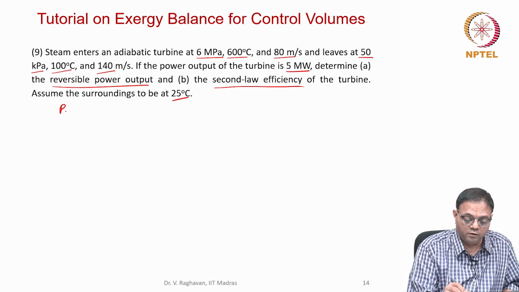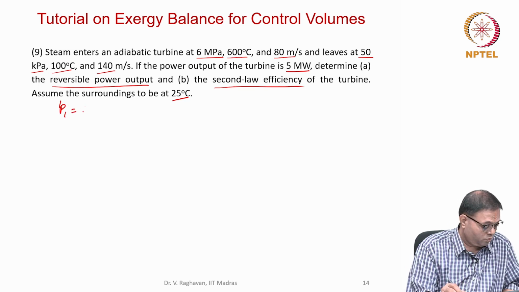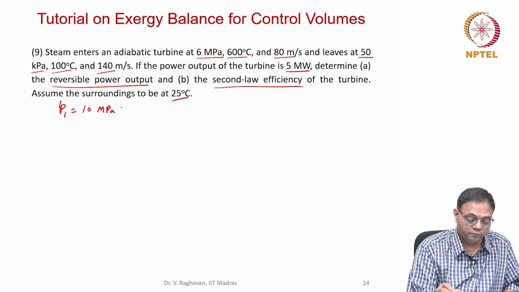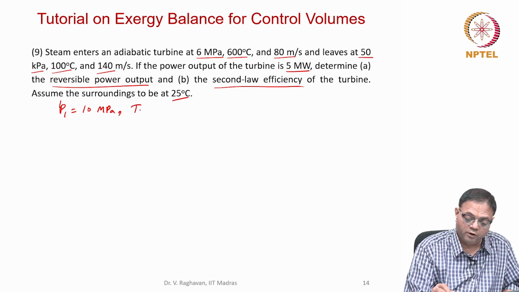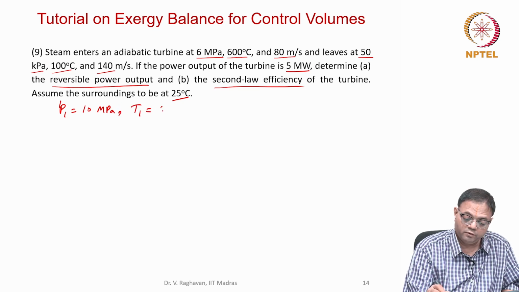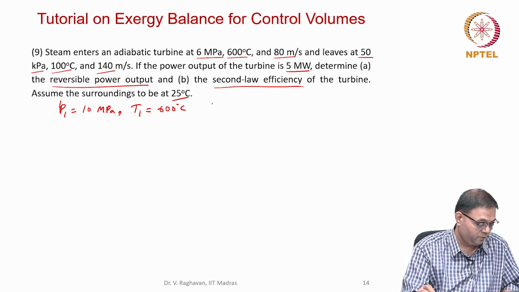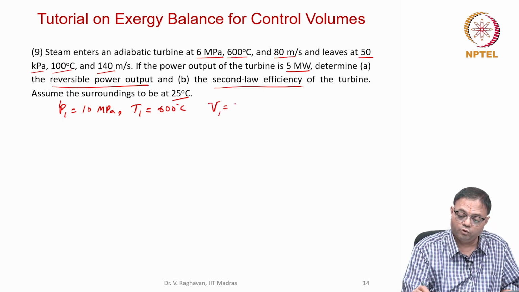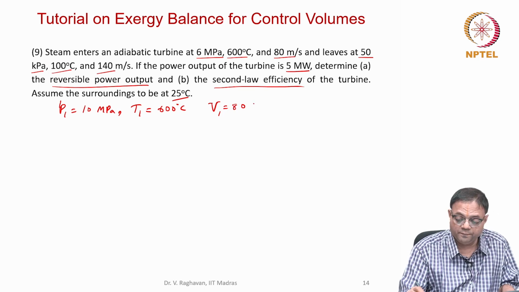So P1 equal to 6 megapascals, T1 equal to 600 degrees centigrade, V1 equal to 80 meter per second.